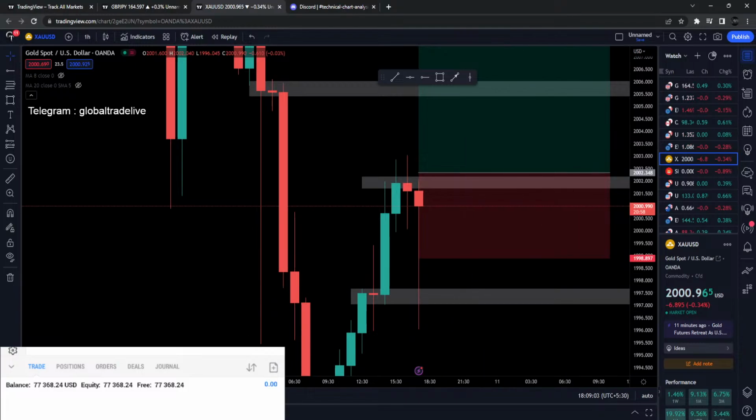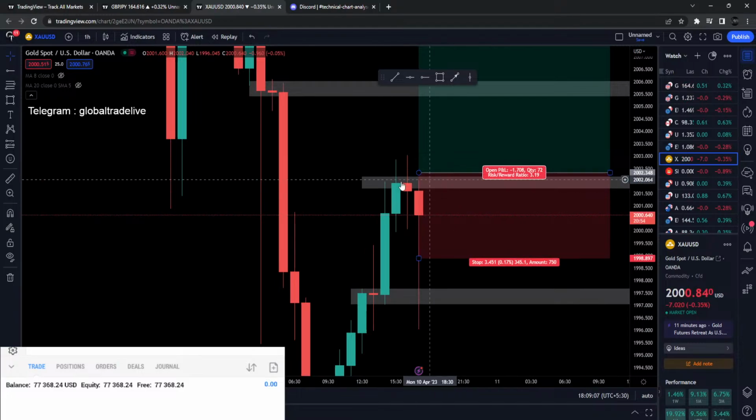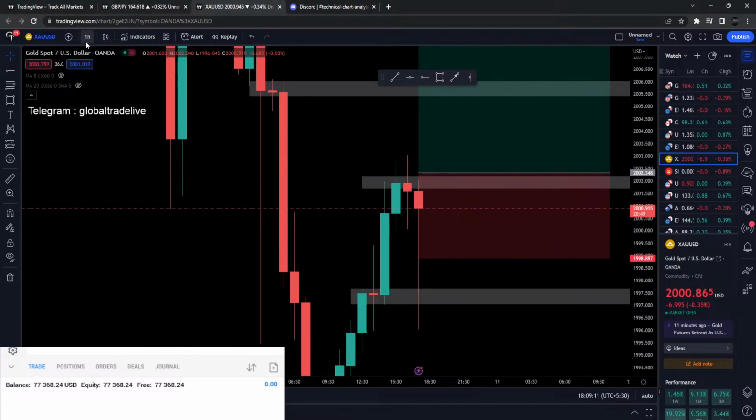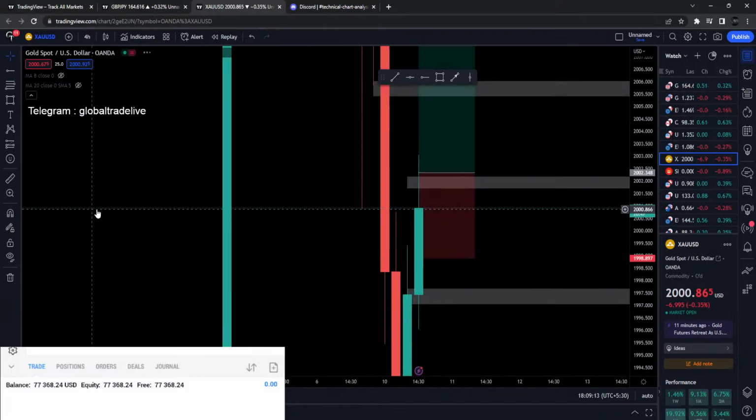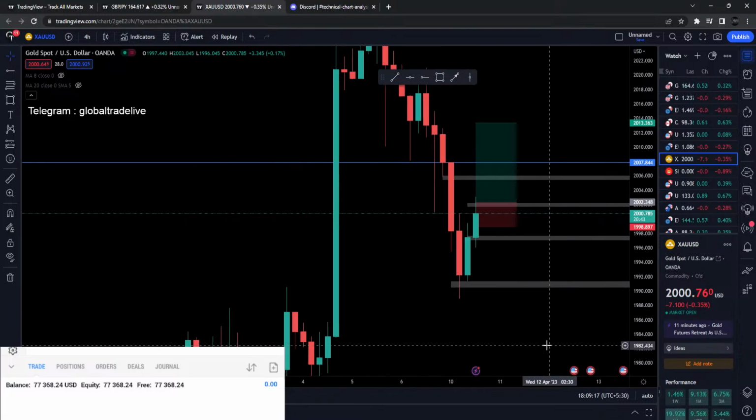So 20 minutes left for the 1 hour candle to close in gold, and let's have a look at the 4 hour as well. Same, 20 minutes left for the 4 hour to close as well.